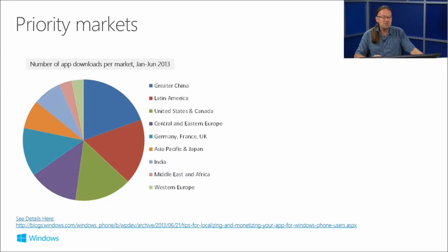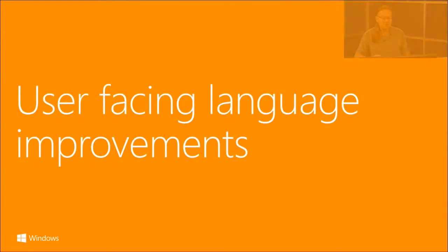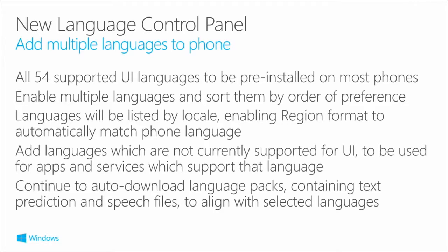Also, if you think about the priority markets that you want to offer in, 12 of the top 15 apps are published in 187 or more markets. And China and Latin America download twice as many apps as the US. So think about the markets you want to localize to, and maybe it's going to pay off for you to localize.